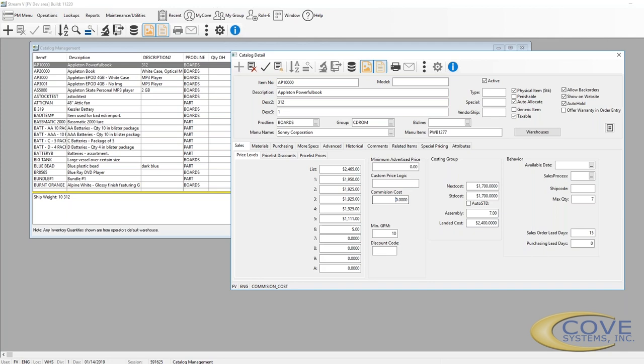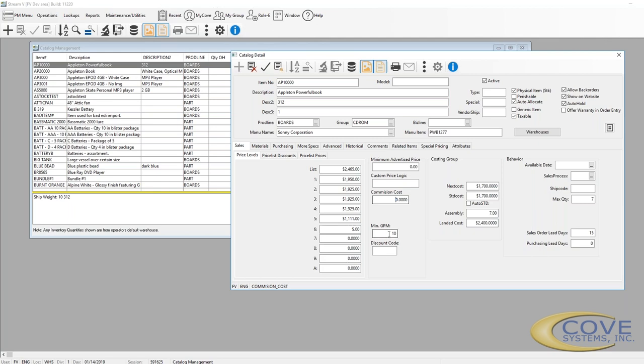So the item actually costs you $120, even though you're paying the manufacturer $100. So this lets you put $120 in the commission cost, so that that's the cost that's used for margin calculations and the cost that's used for commission calculations.